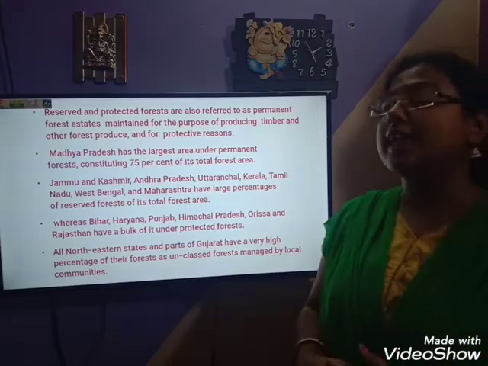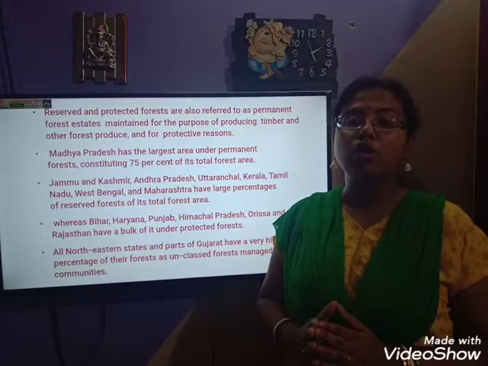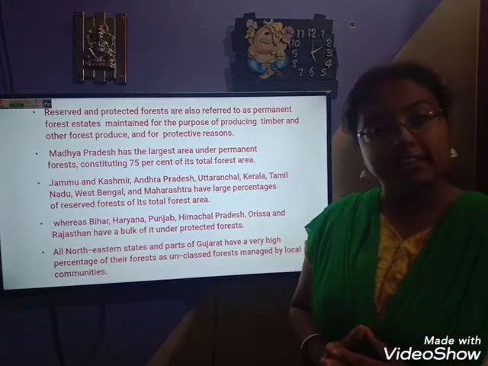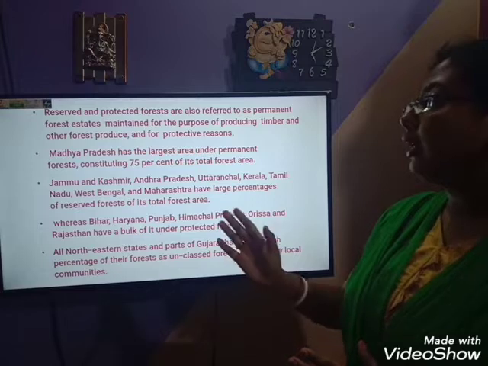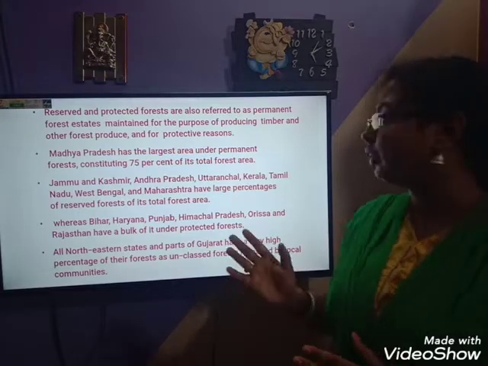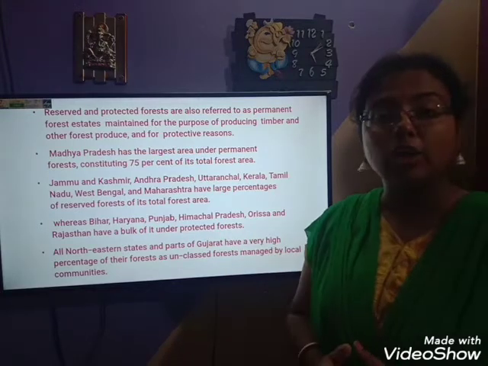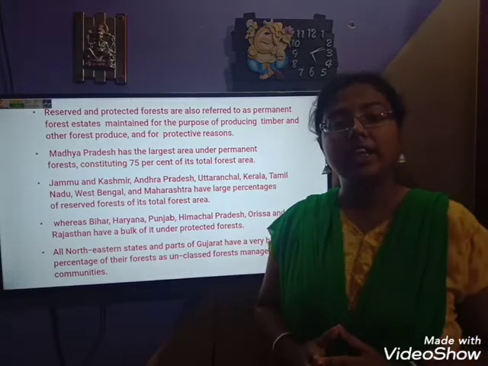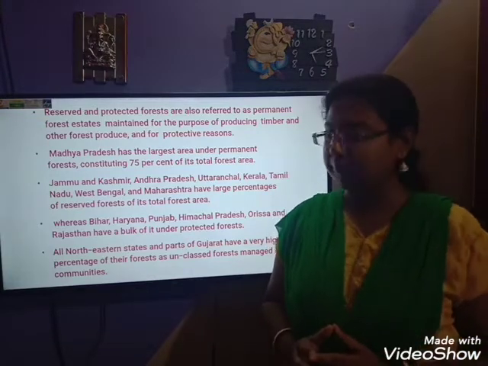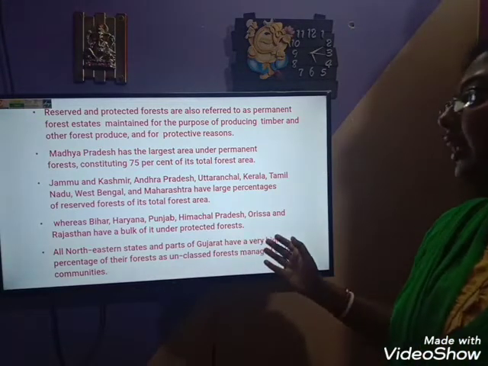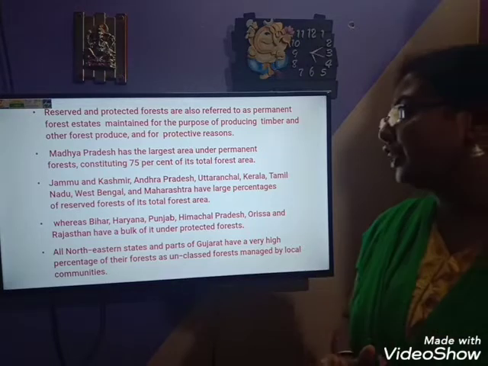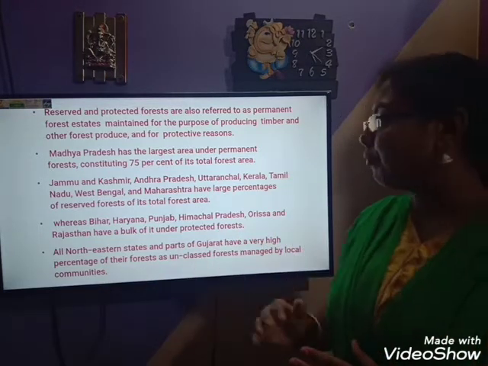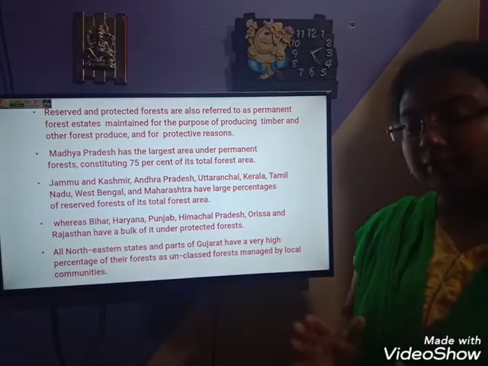Madhya Pradesh has the largest coverage under this permanent forest category. Apart from that, Jammu Kashmir, Andhra Pradesh, Uttarakhand, and West Bengal also have a large percentage in the reserve forest category, whereas Bihar, Haryana, Punjab, and Himachal Pradesh have their percentage under the protected forest category.